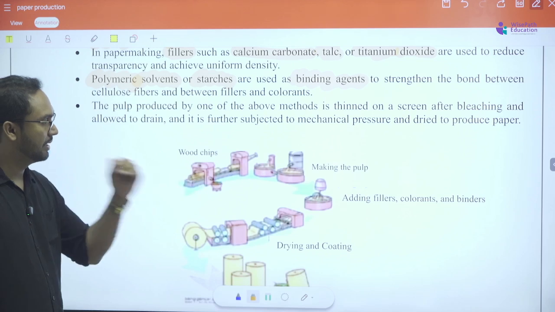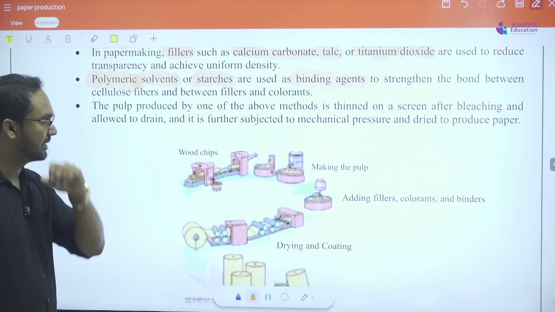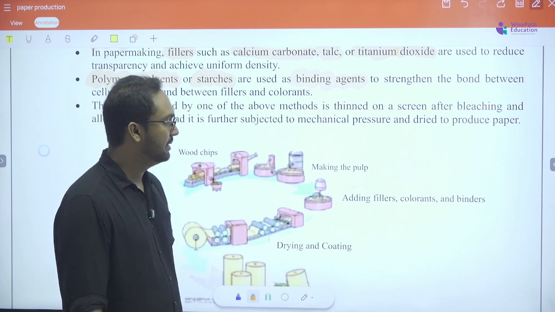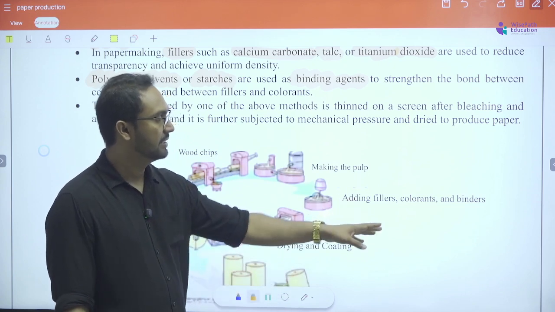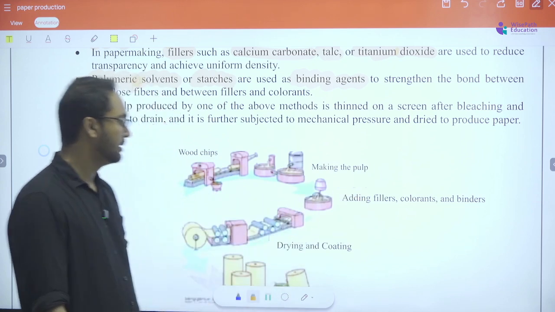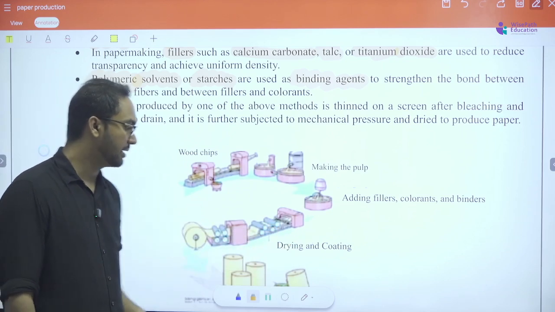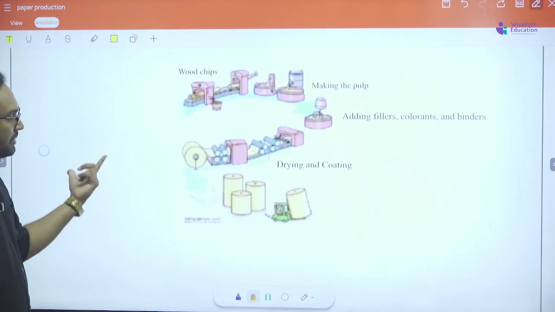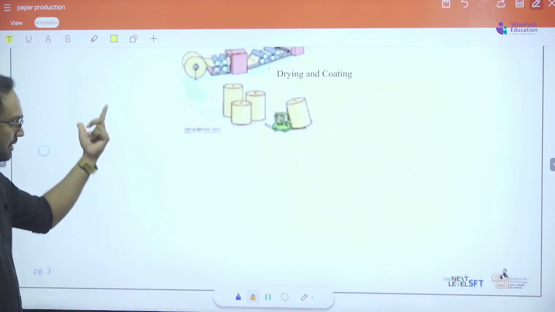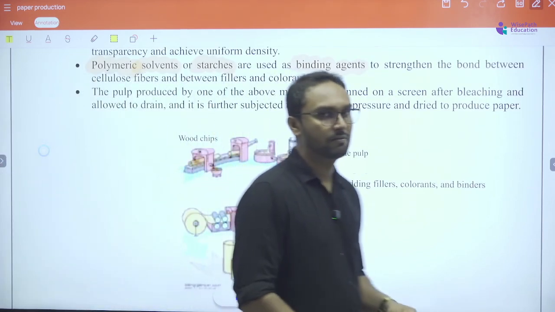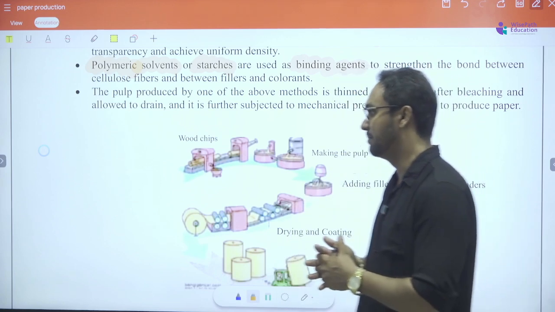The wood chips go through the mechanical actions, and then the pulp is made, and you add fillers, colorants and binders to it, and then you thin it on a layer, dry it and coat it. So at the end the papers are made. That's the whole process of making paper, right?